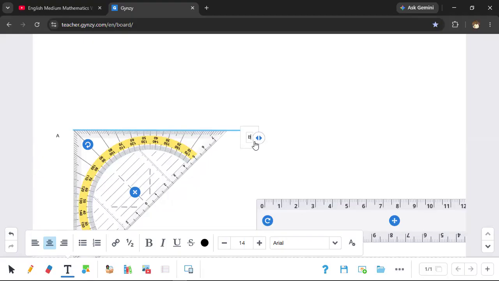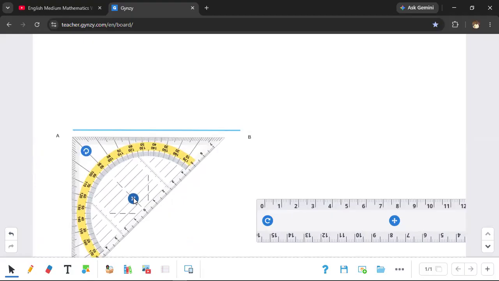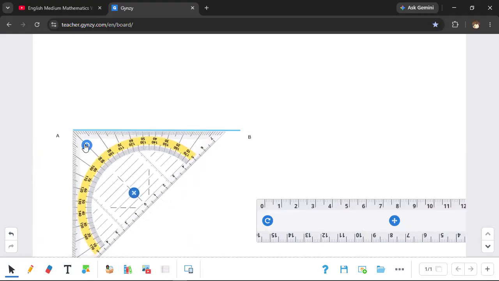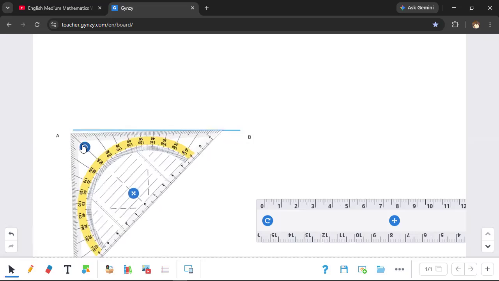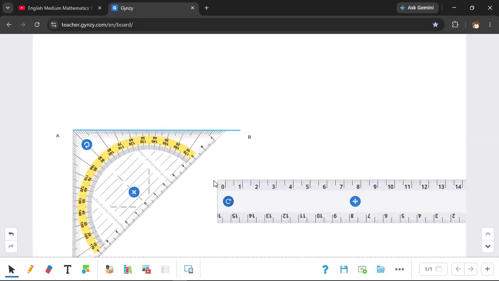Point B. Okay. So now place your set ruler which coincides with the AB line. Okay. AB line. Like this. Exactly coincide with the line. Do it with me. Sometimes you already know this, but do it with me.